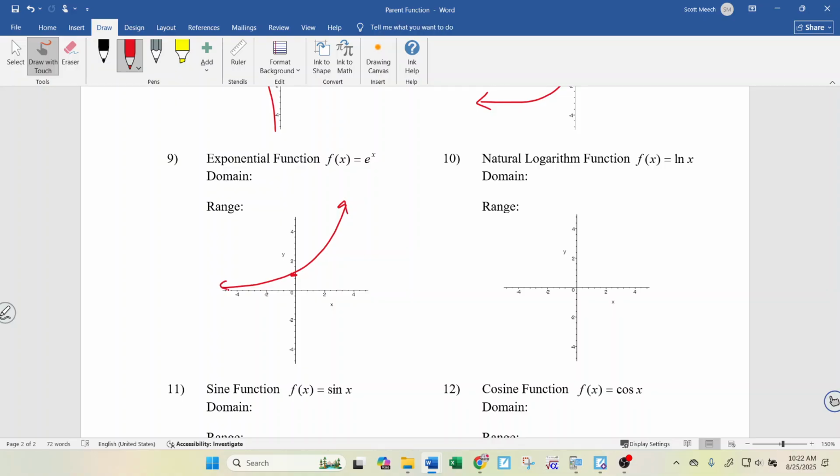And the key to e to the x is its domain is anything. However, its range is 0 to infinity with the parenthesis. It never hits the x-axis. E to the x is never 0. It is never negative.